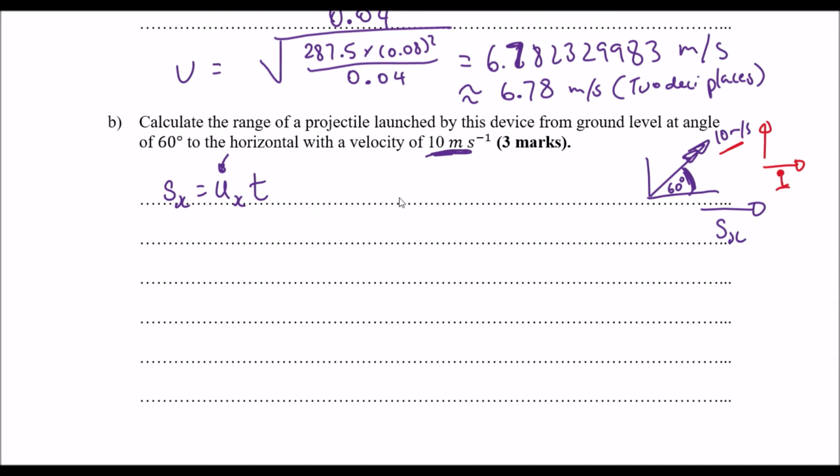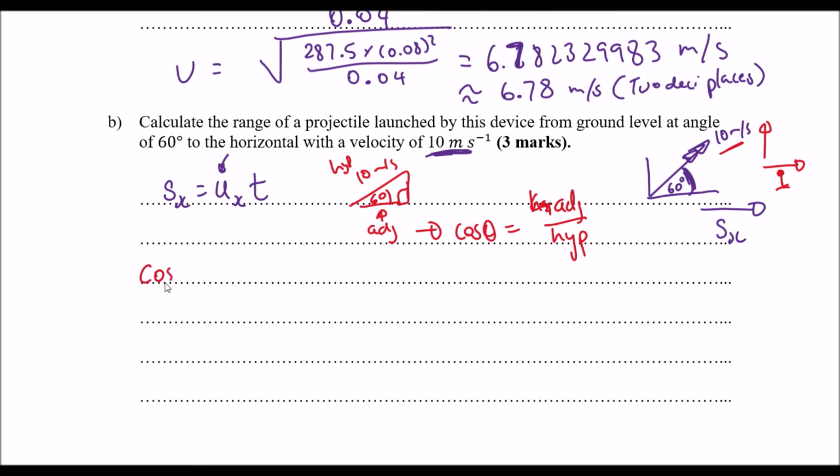Okay, so if you draw out your triangle again, and that's 10 meters per second. To find this component here, you have the angle, and assuming we are launching it like a right angle triangle, that's our hypotenuse, that's our adjacent side. So we are going to be using cos theta, which uses the adjacent and hypotenuse sides of the right angle triangle.